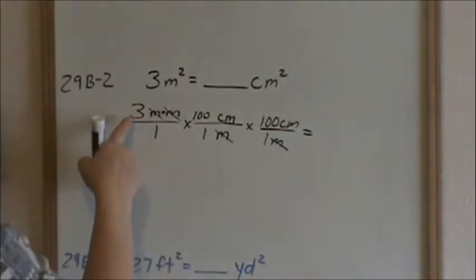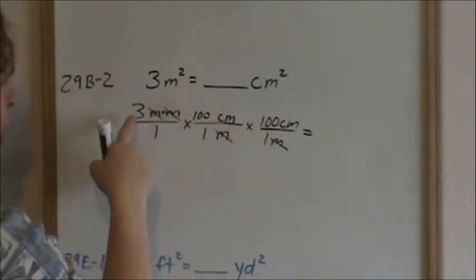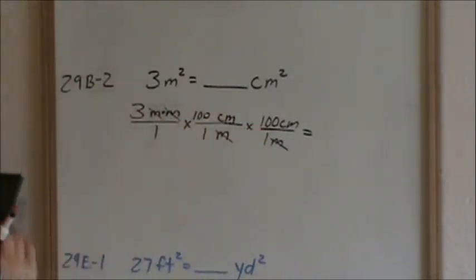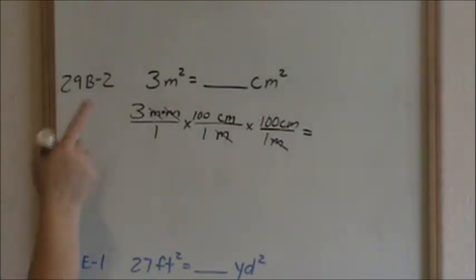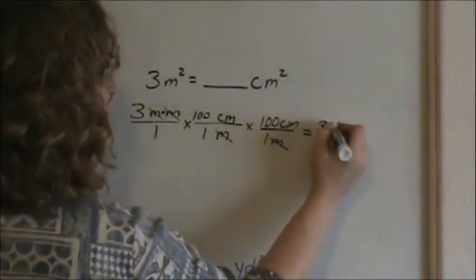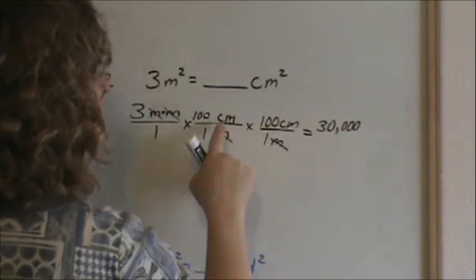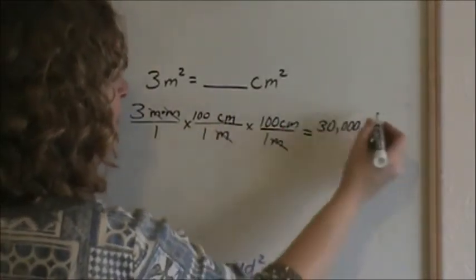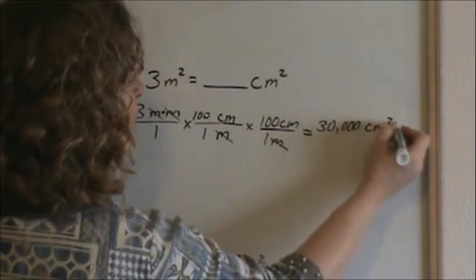So, multiplying fractions, multiply your numerator straight across. 3 times 100, 300. 300 times 100, 30,000. So that would be 30,000 centimeters times centimeters means centimeters squared.